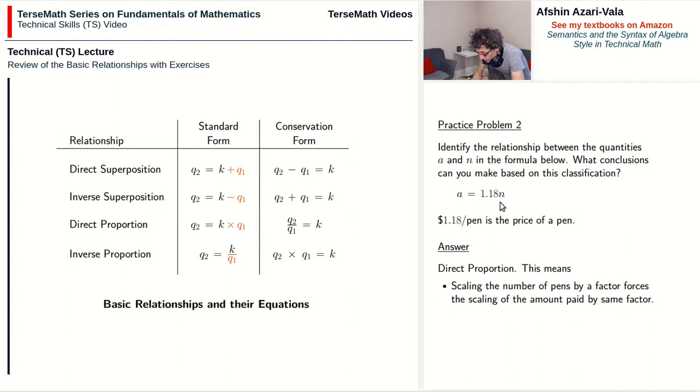You buy 3 times as many pens, you pay 3 times as much. So this would be a fancy way of saying all of that. Scaling the number of pens by a factor, multiplying the number of pens by a number, forces the scaling of the amount paid by the same factor, forces the multiplication of amount paid by the same number.